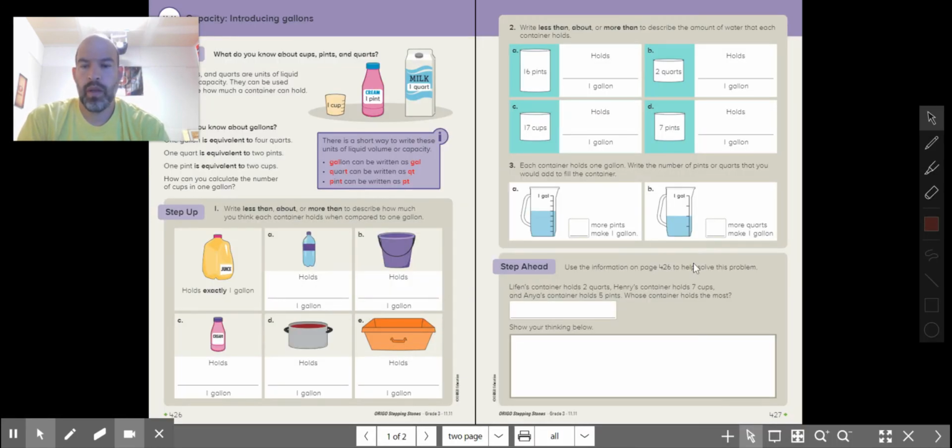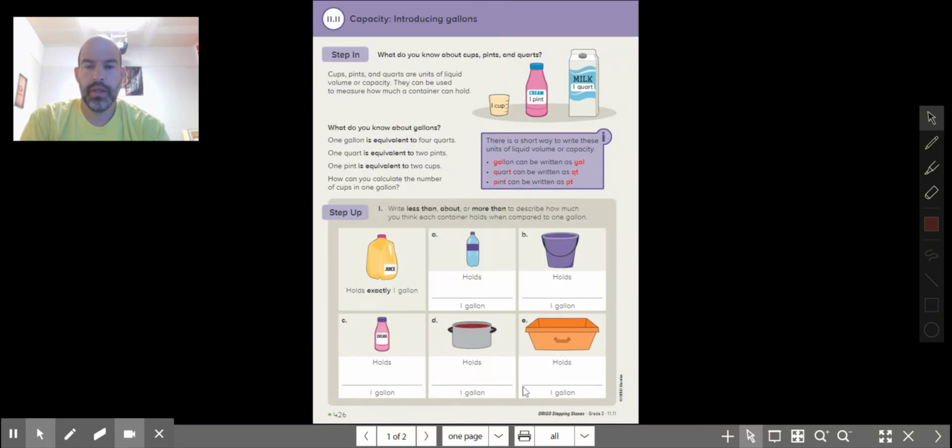Now, for your lesson in your workbook pages, give my page a moment to load. Okay, it asks us some questions. So let me get this page zoomed in a little bit.